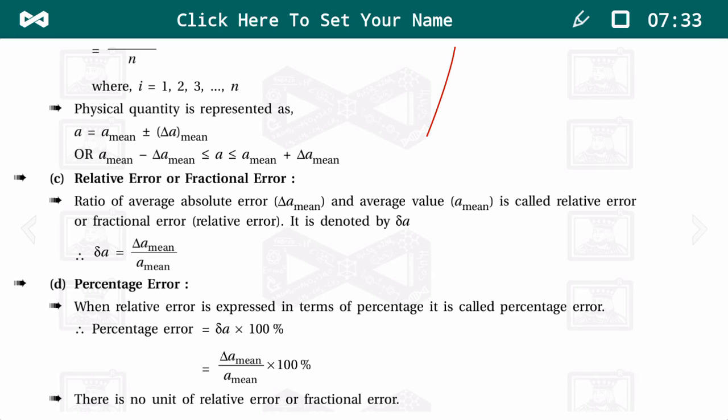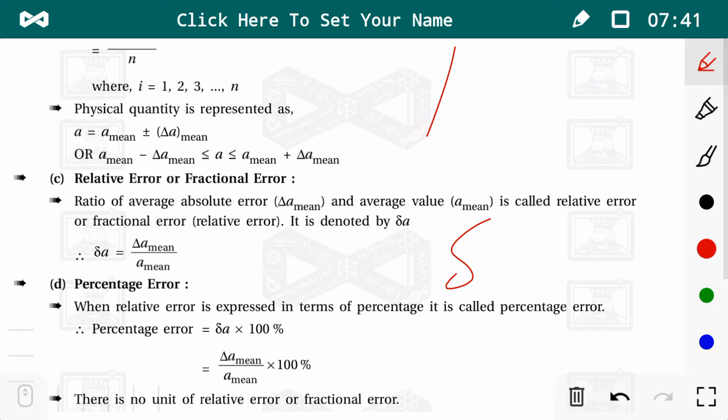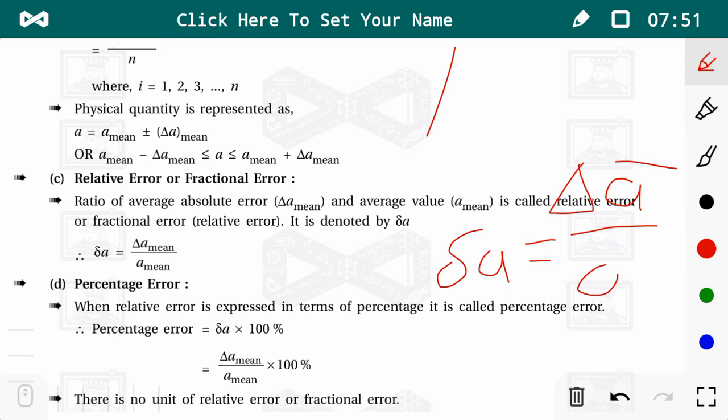Relative error is delta A bar upon A bar, and by multiplying with 100 you will get the percentage error.